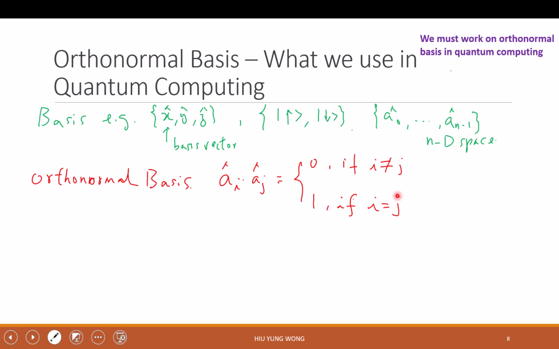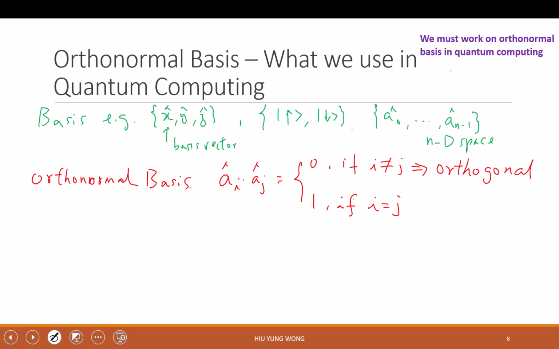Let's look at this n-dimensional space. The subscripts tell me which basis vector. If I is not equal to J, you are doing an inner product of two different basis vectors, and you get 0. This is the so-called orthogonal condition. They are orthogonal to each other.